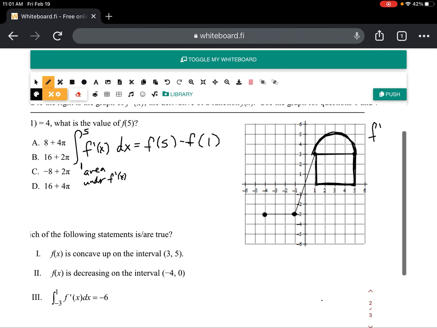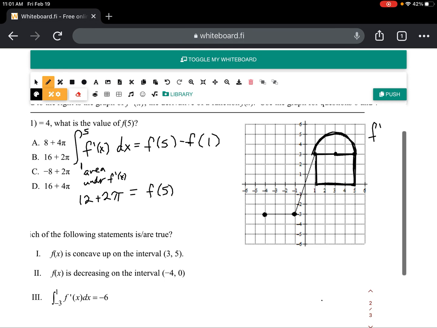The rectangle has area of 12, and the semicircle, we have to find the radius. The radius is 2. So the area of the whole circle would be pi times 2 squared, right? Radius squared. So it'd be 4 pi for the whole circle. This is only half of the circle, so its area would be 2 pi.